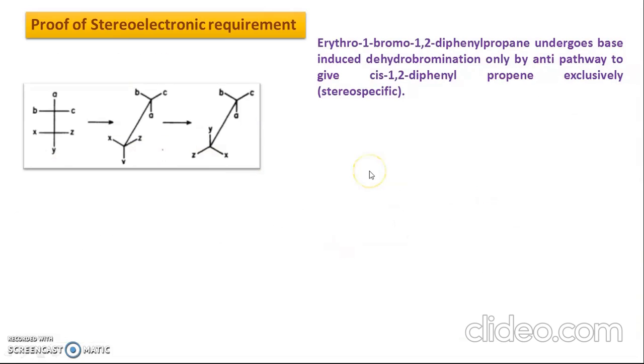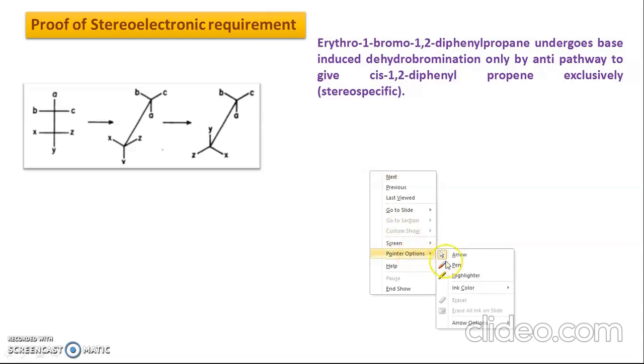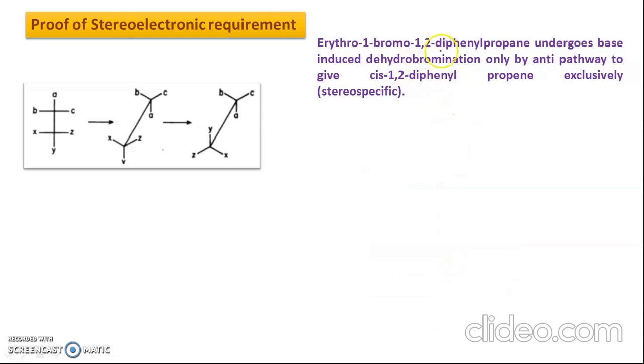Now what is the proof of this stereoelectronic requirement? Here we will discuss a problem, and through this problem you will be able to understand it. So what is the problem? Erythro 1-bromo-1,2-diphenylpropane, this molecule, is an alkane and a bromo halide is present. It undergoes base-induced dehydrobromination.